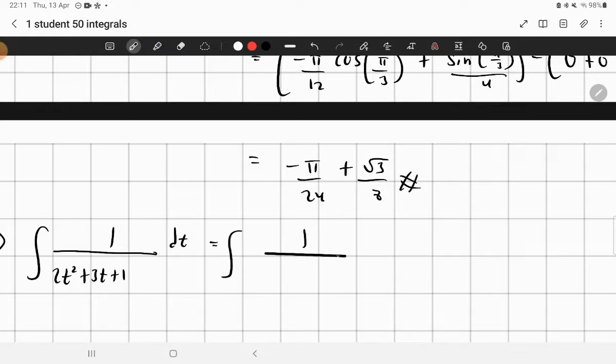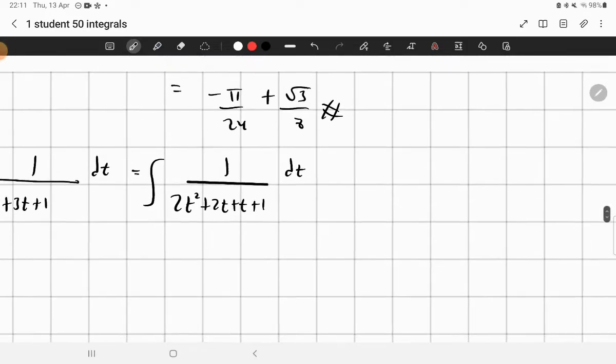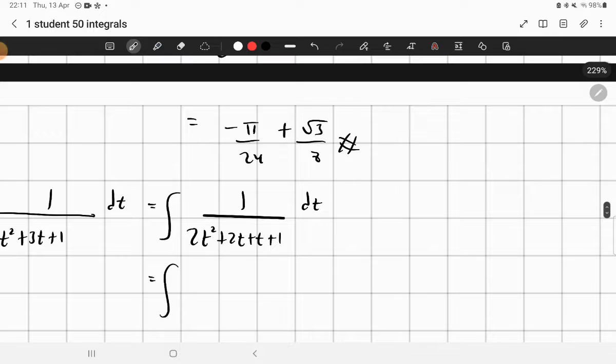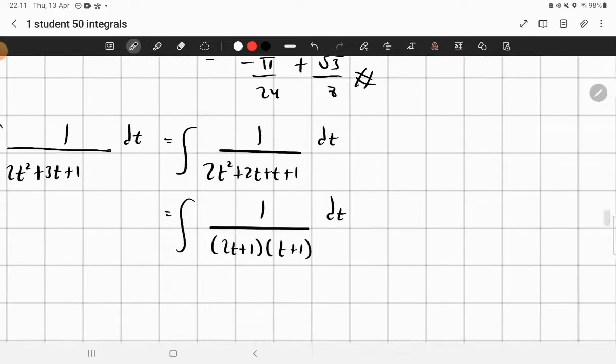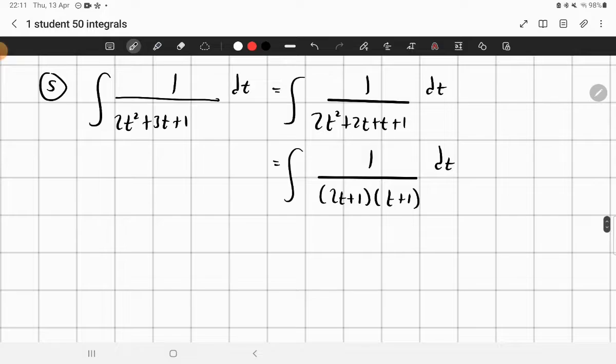I can: 2t squared plus 2t plus t plus 1. We know that the denominator could be factorized as (2t plus 1)(t plus 1). Very nice. So from here, partial fractions as usual.